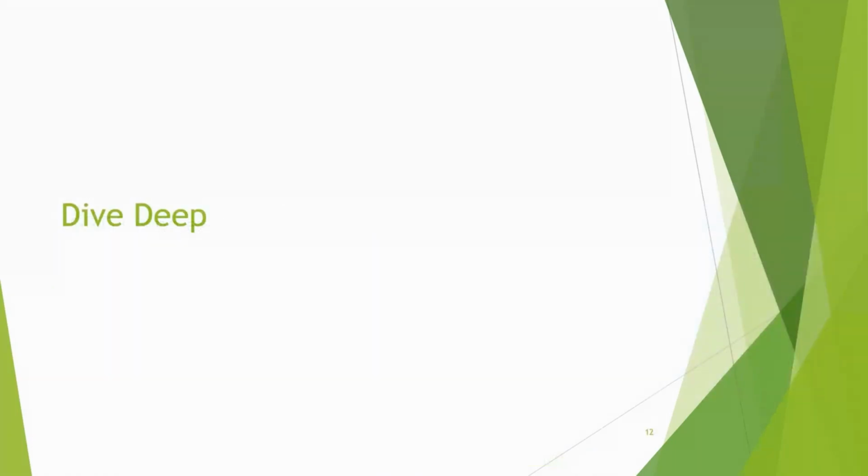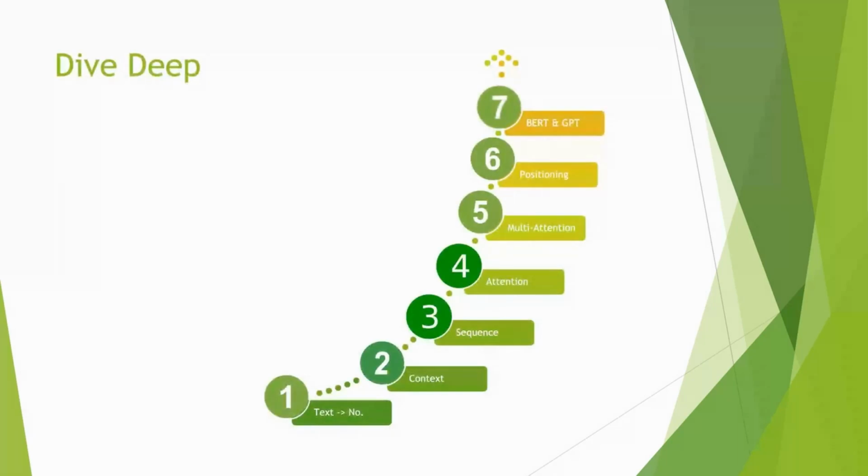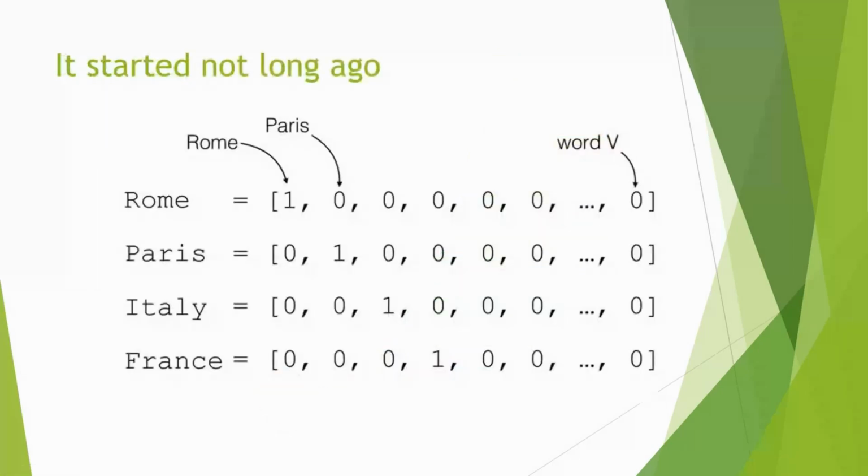Right, so now let's dive a little bit deeper. I just wanted to touch base on some of the common knowledge people have around generative AI. Now we're going to go back in time and start from 1, which is text to numbers. What is text to numbers? Ideally, you have a corpus of many words like Rome, Paris, Italy, France.